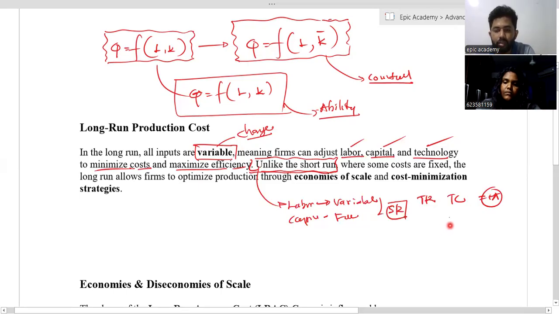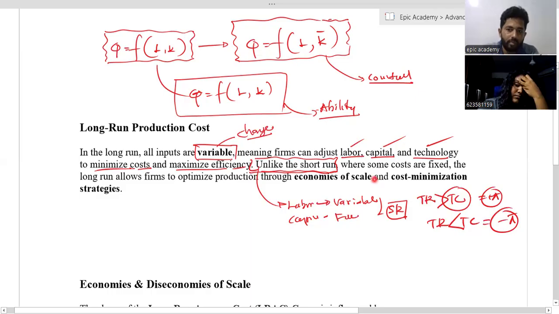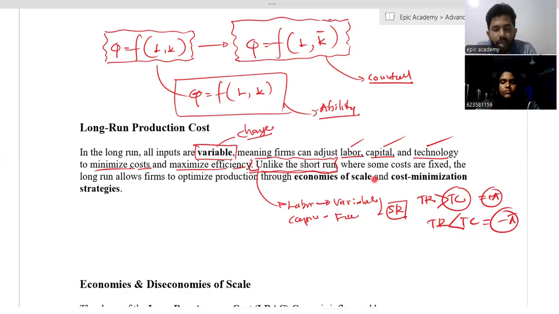Yes. That is why they try to minimize. If the producer maximizes the total cost, what will happen to the profit? Profit will be negative. It will be a loss. So that is why each and every organization uses cost minimizing strategies. They always try to reduce the cost.